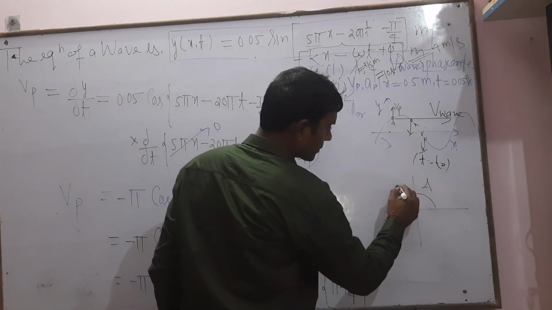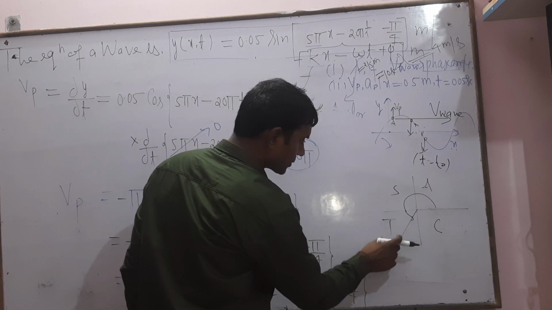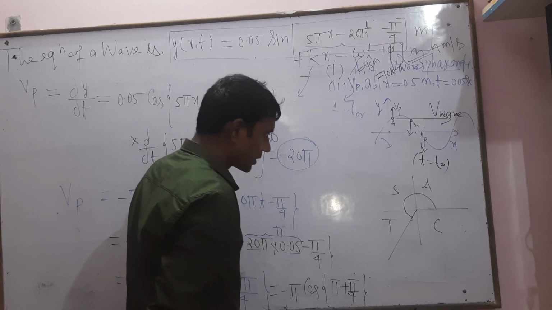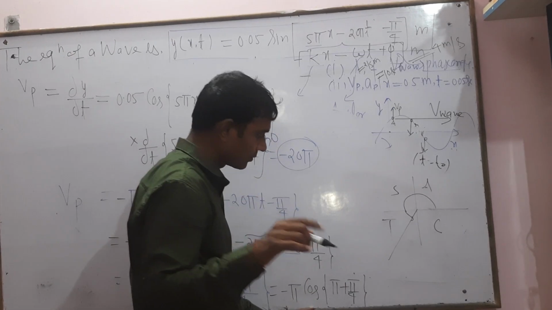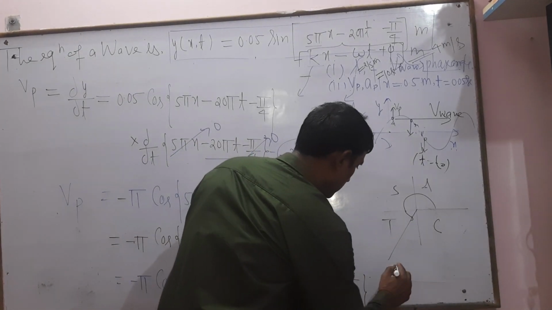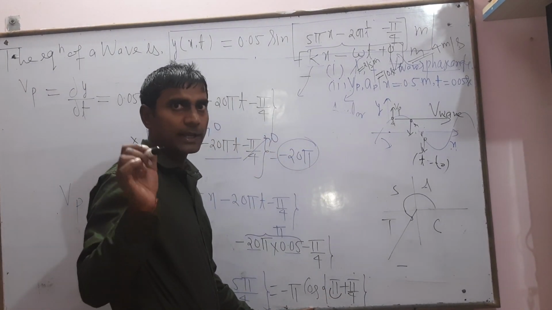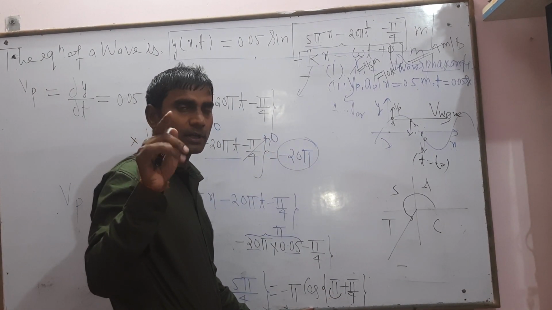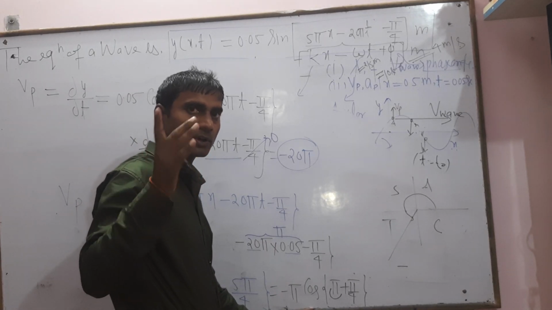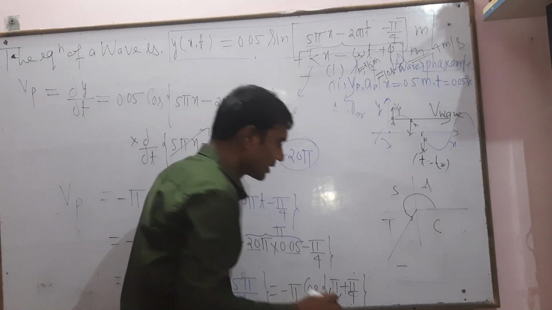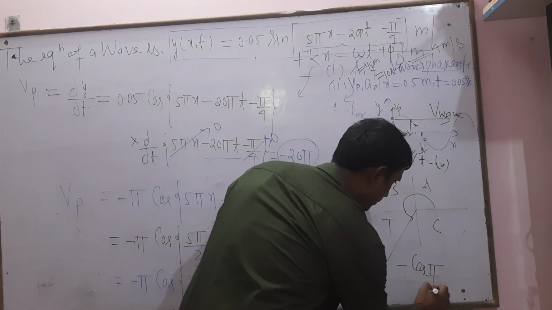By the rule, all, sin, tan, cos, only tan is positive in the third quadrant, and the remaining are negative. So cos will be negative here. For 180, cos of (180 plus theta), the function cos cannot be changed, so that number equals minus cos pi by 4.